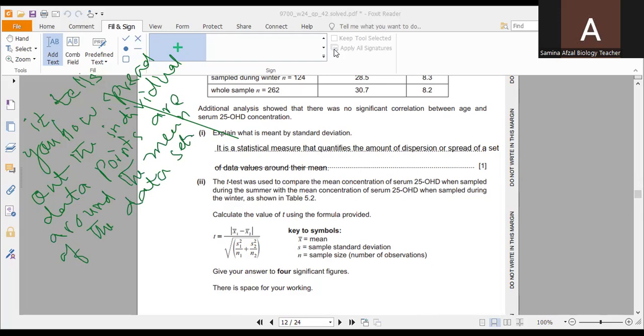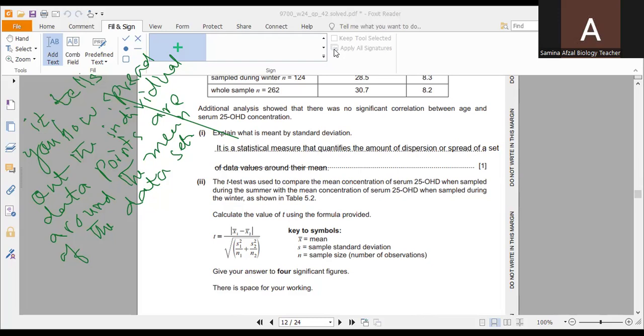So I would like to say that it suggests a greater degree of variability or inconsistency within the data. If there is a high standard deviation, the data points are generally spread far away from the mean. On the other hand, a low standard deviation indicates that the data points tend to be clustered closely around the mean.